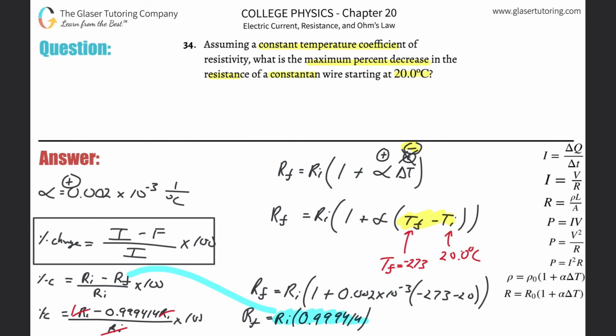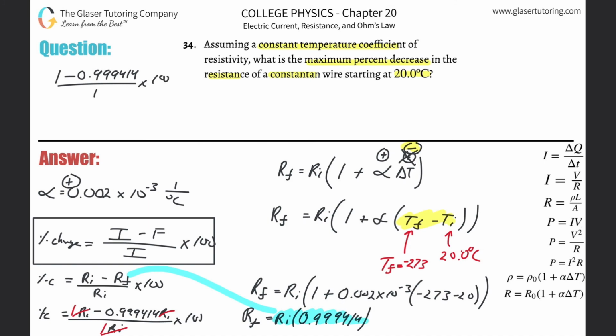There's an invisible 1 there. Just like we didn't cancel this coefficient of RI, we can't cancel this coefficient and that coefficient. So we get 1 minus 0.999414, all over 1, times 100.